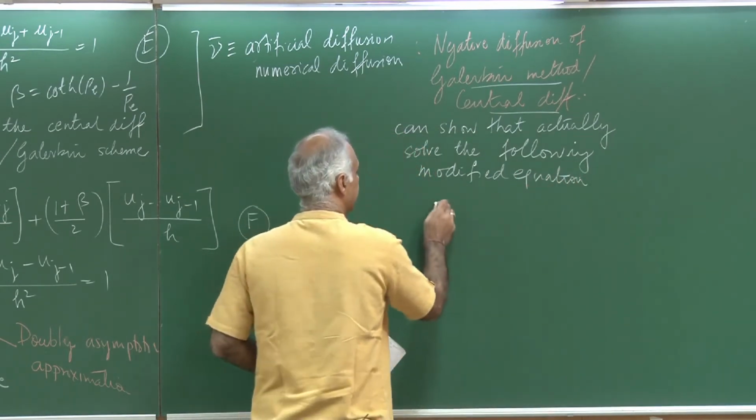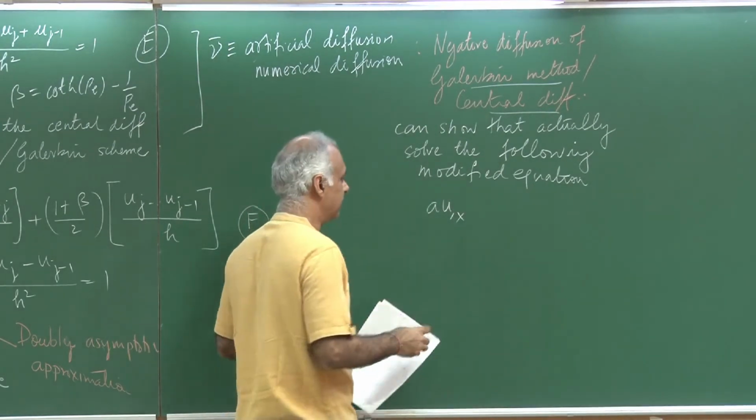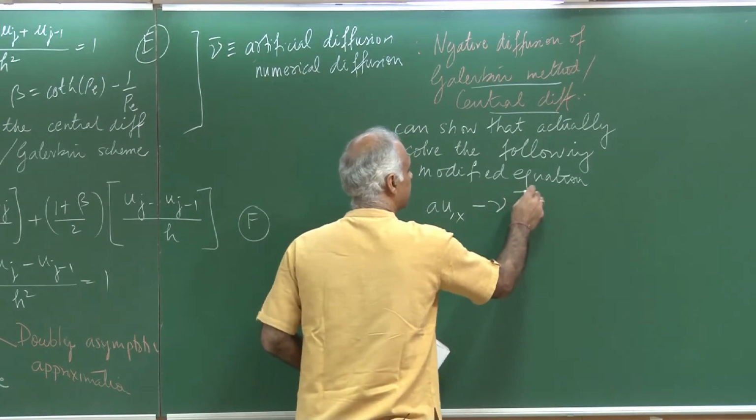That's given as A times u comma x. The advection term is same as before, minus nu times.